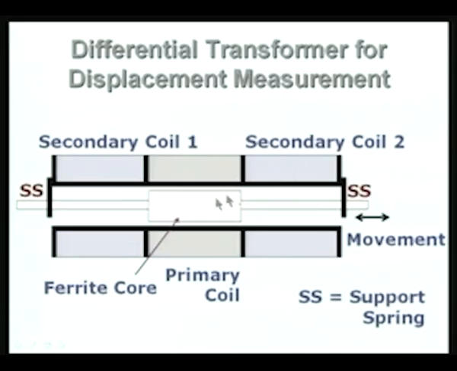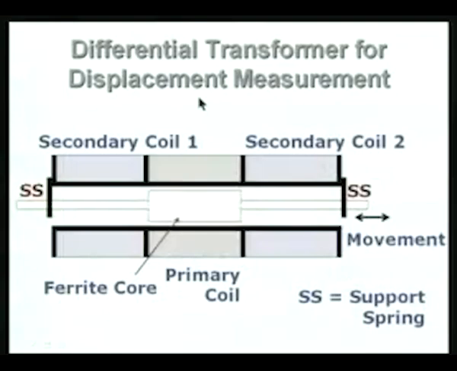Suppose this moves to the right hand side, the secondary coil 2 will give you a higher voltage than the secondary coil 1, and I connect these secondary coils back to back. So, if I measure the difference in voltage generated by secondary coil 1 and secondary coil 2, that will be proportional to the movement or the displacement.